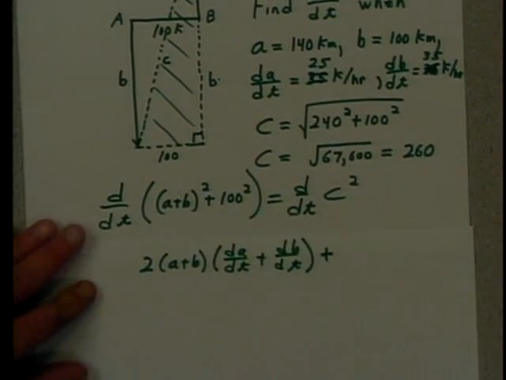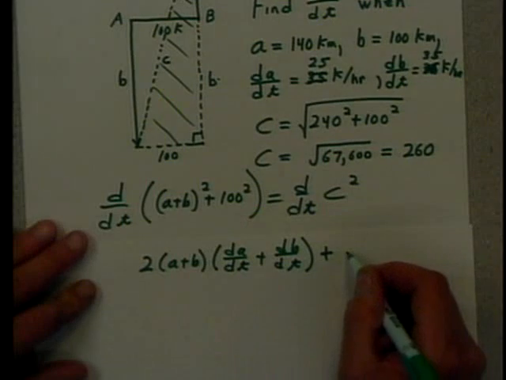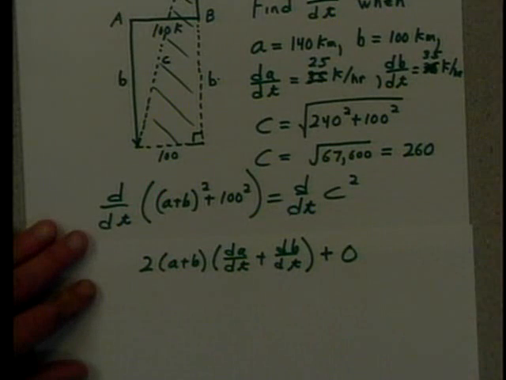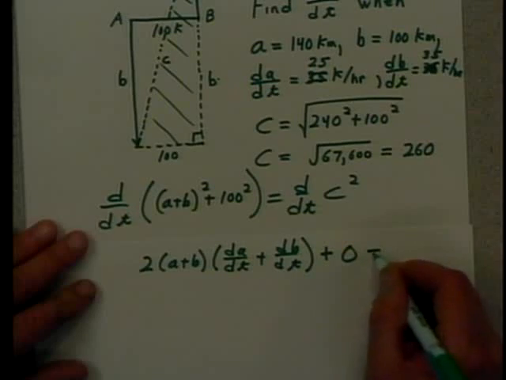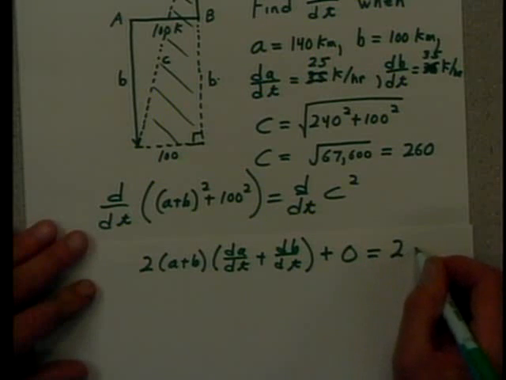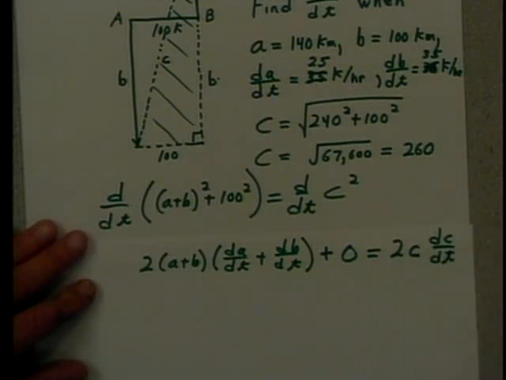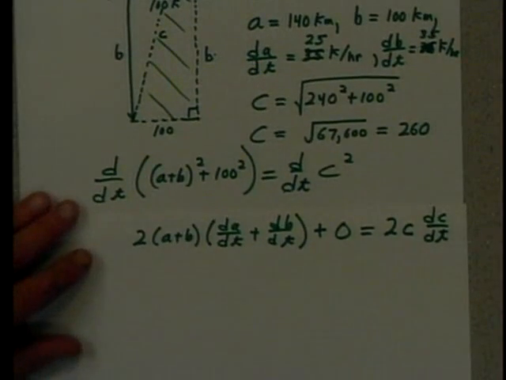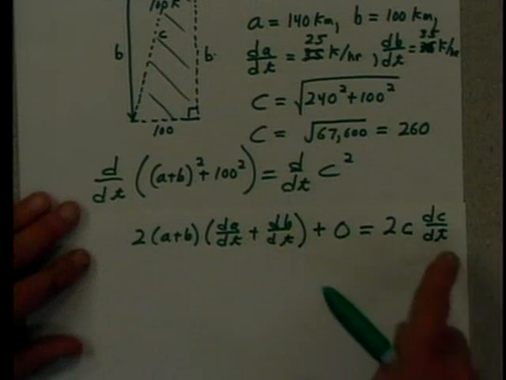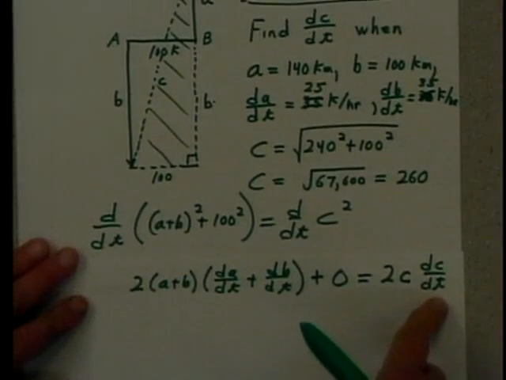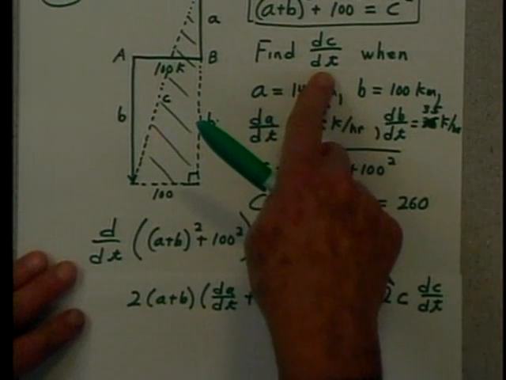Okay, what's the derivative of 100 squared? 0. What's constant? Yes. And what about the other side? 2c dc dt. And now we hope we have a number for everything listed except for dc dt, because up here that's what I wanted to find, right?